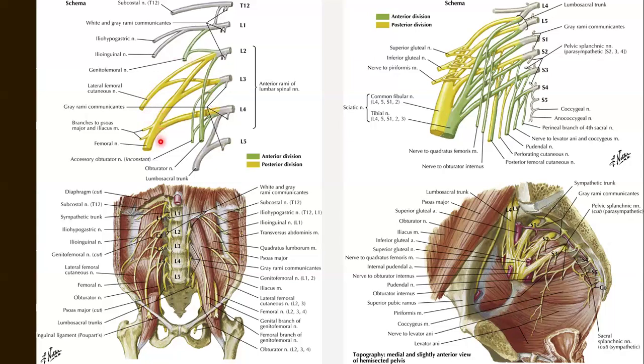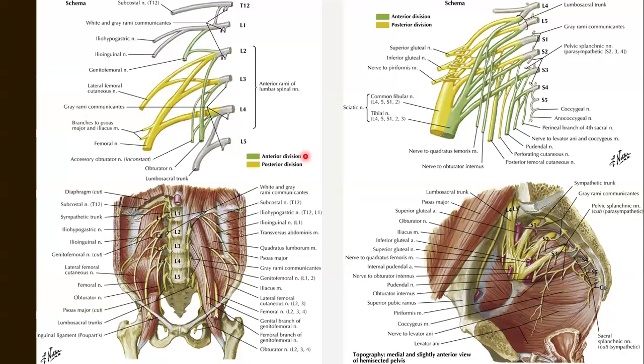You can see perhaps the yellow one representing the posterior division of the ventral rami, while the other color, I want to use the term green, I have a feeling I might be wrong, represents the color code for the anterior division of the ventral rami.